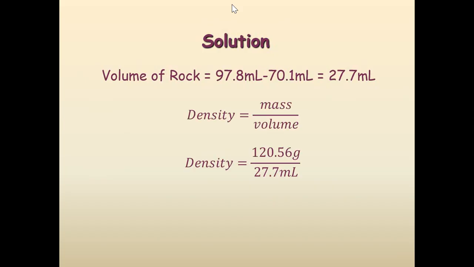Now I gave you the mass, 120.56 grams and 27.7 milliliters. I put those in my calculator and I get this answer.